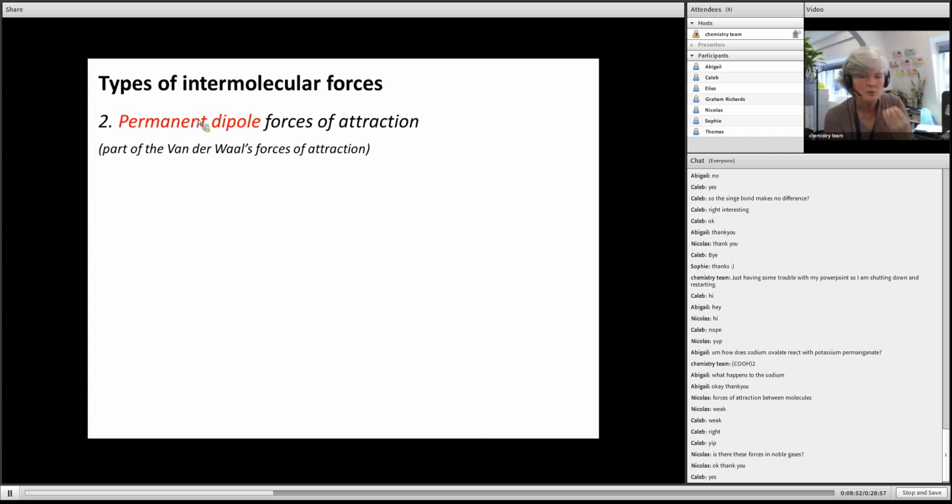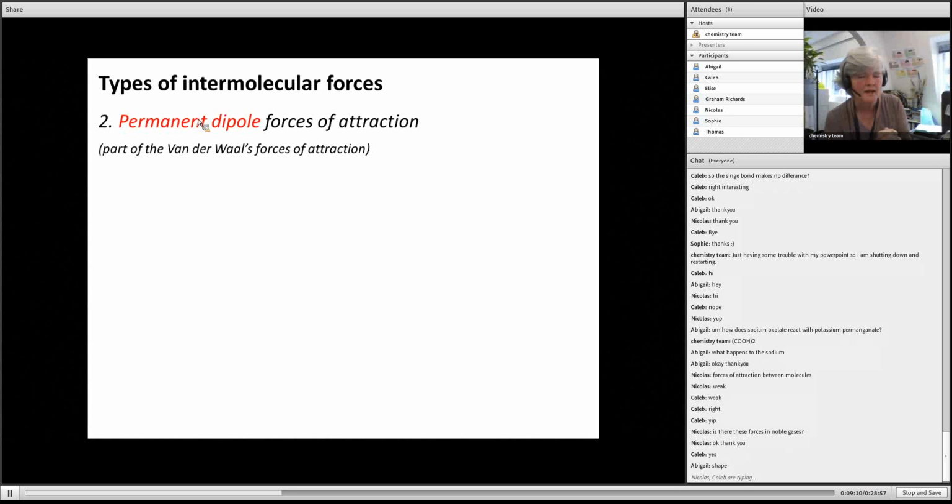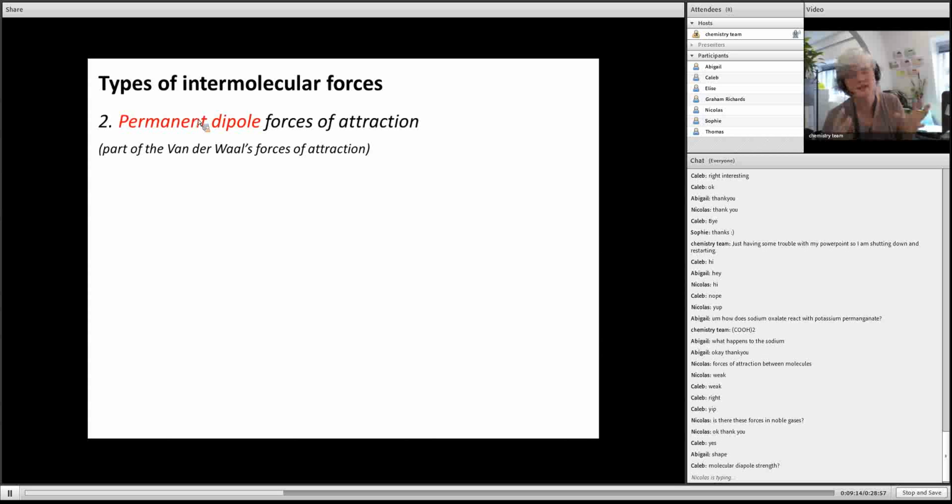What do you think will influence the size of the attraction for the permanent one? If it depends on the permanent dipole, what is going to influence it? Well, the shape is going to determine whether it's polar or non-polar.